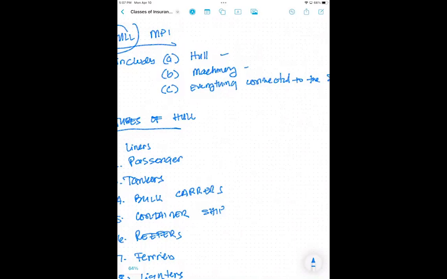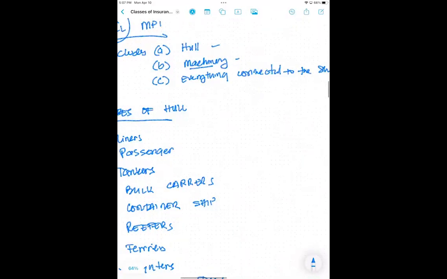They run heavily on machine, and that would be also covered by the insurance, and also everything connected to the ship.